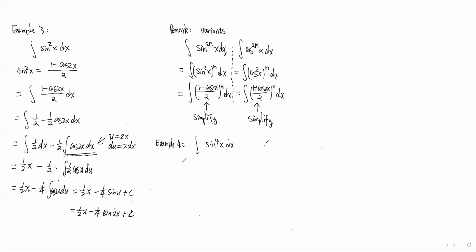The first step is we write this as sine square and square. So this is 1 over cosine x squared power to 4. So we compute this. This is 1 over 4. And 1 minus 2 cosine x squared plus cosine, sorry, I made a mistake here.